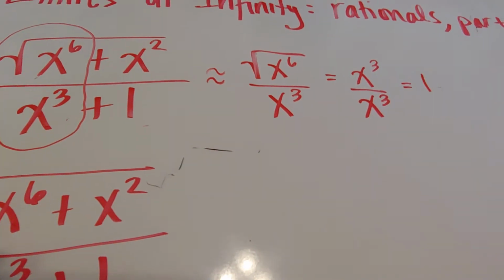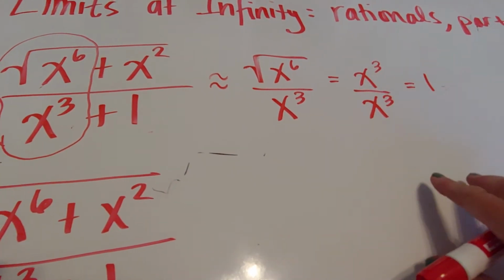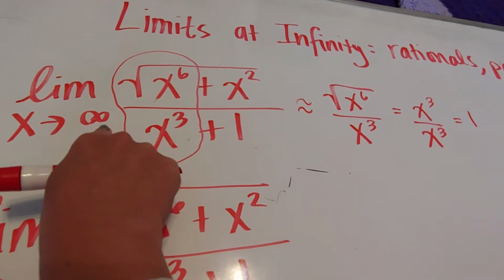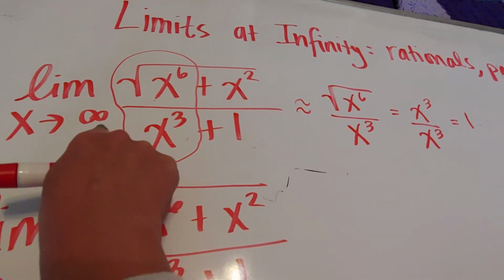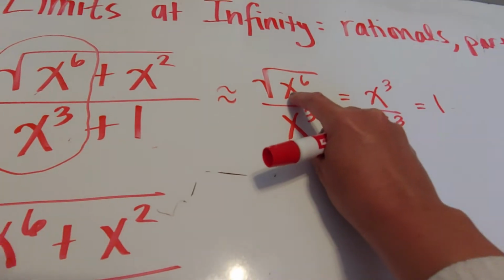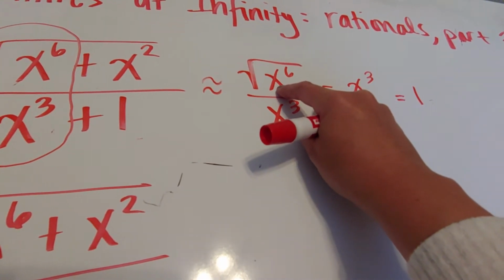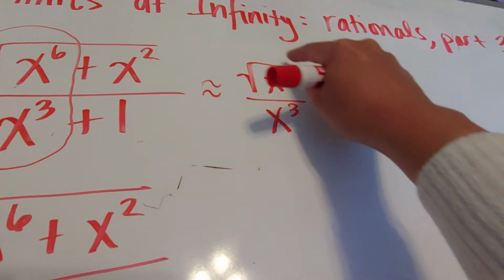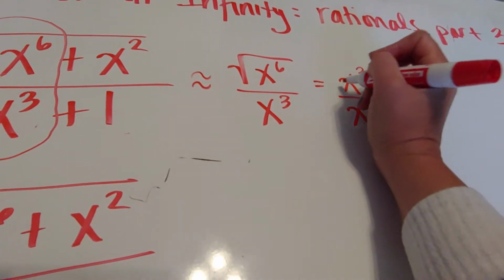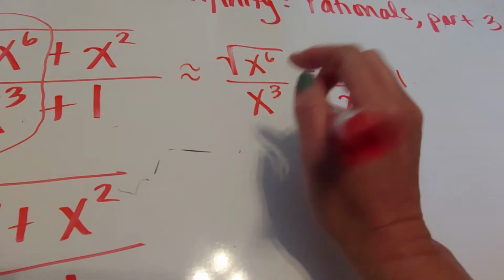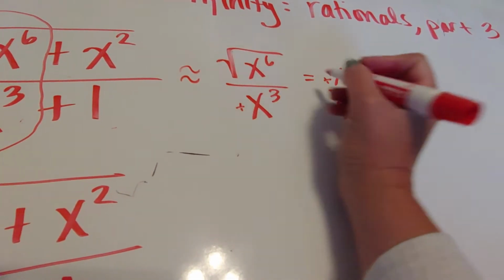So I'm like, whoa, wait, did I just screw that up, or is it really going to act like 1? Well, let's see. As x goes to infinity, this is positive infinity, a positive number. When I take this positive number to the 6th power, it's still positive. When I take the square root, it is still positive. So this x cubed is a positive number, and down here, this x cubed is going to be that same positive number.